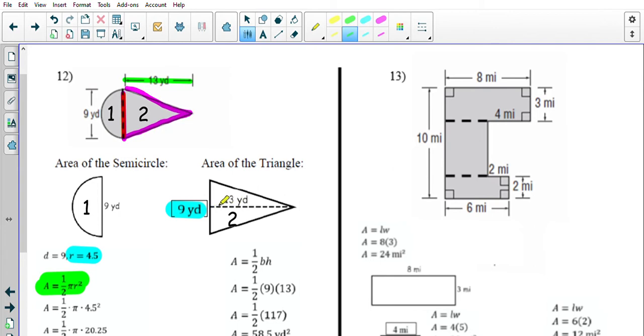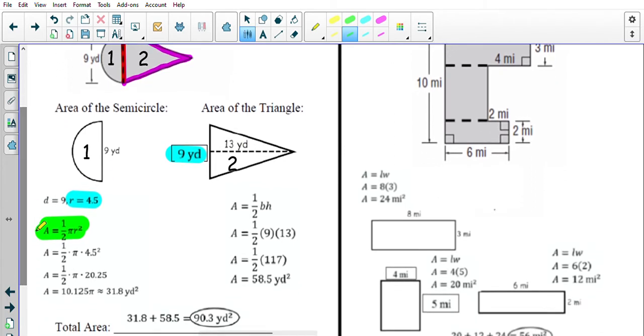I know there's not actually a right angle here, but that would represent the height of this triangle. Sometimes students want to split this into 2 triangles. Don't do that. This is just one big triangle where the base is 9, height is 13. So you do half times 9 times 13, which is half times 117. 9 times 13 is 117. That gets us a total area for region 2, our triangle, of 58.5 yards squared.